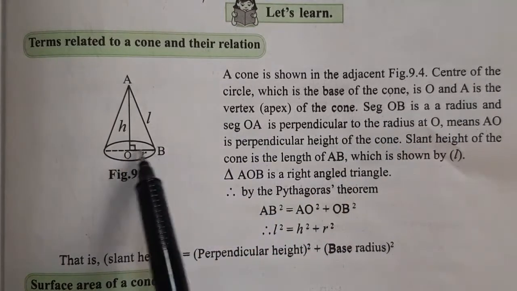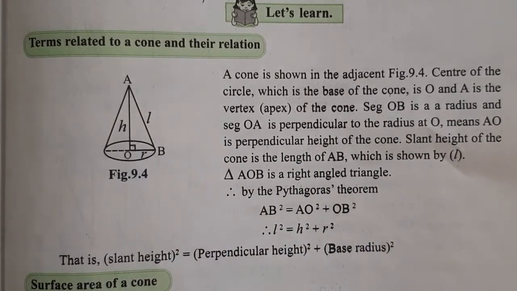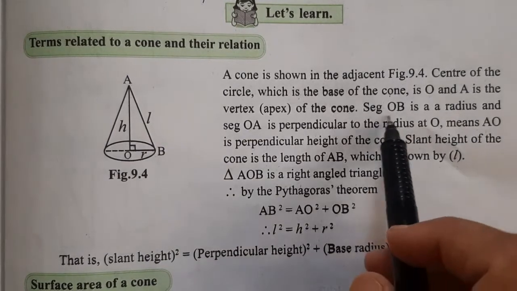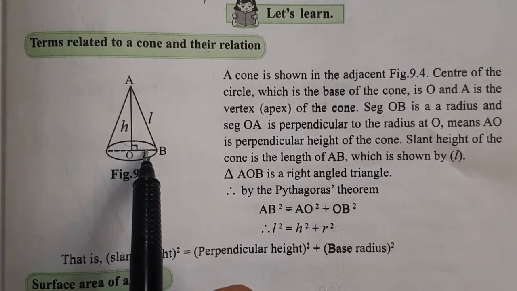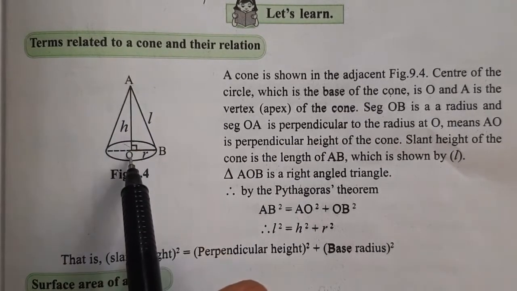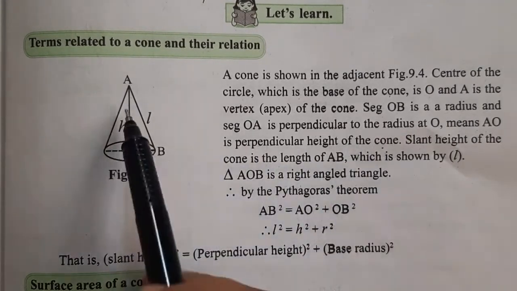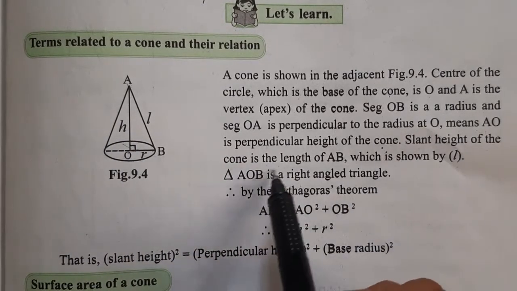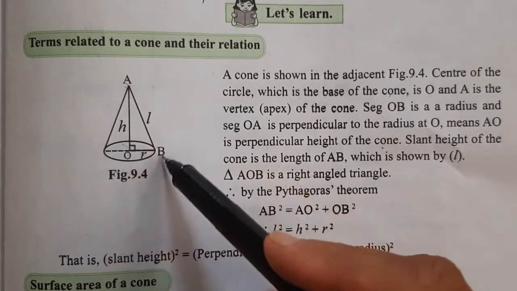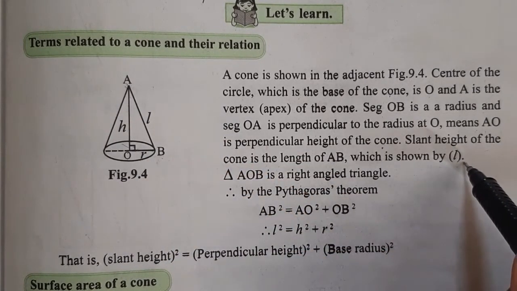Segment OB is a radius, and OA is perpendicular to the radius at O. Means AO is the perpendicular height of the cone. Slant height of the cone is the length AB, which is shown by the letter L.